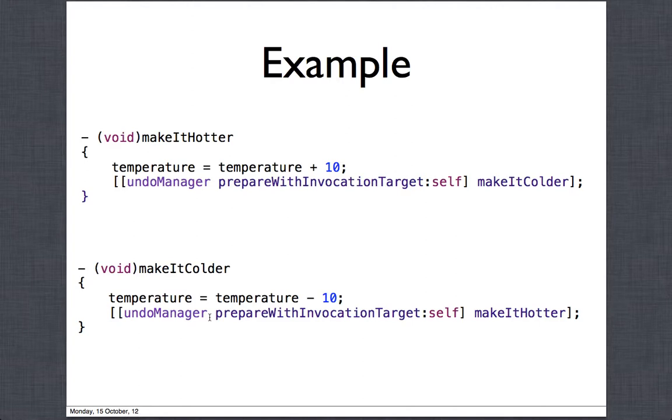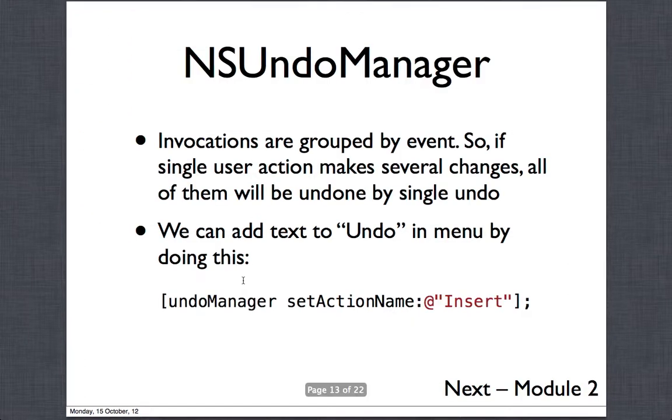So if I want to redo, even though this is the same undo manager, this method will be called if I want to redo after that undoing. So there's no separate redo manager, it's all called the undo manager, and it keeps track of both undo and redo. So all those invocations are grouped by event.